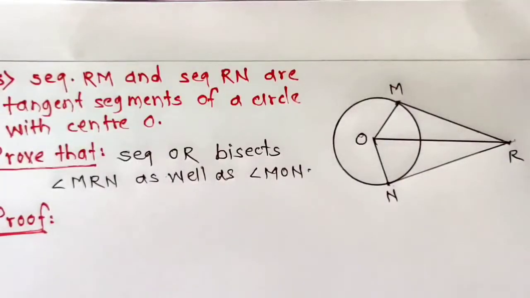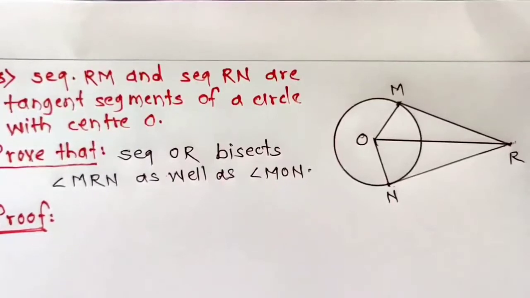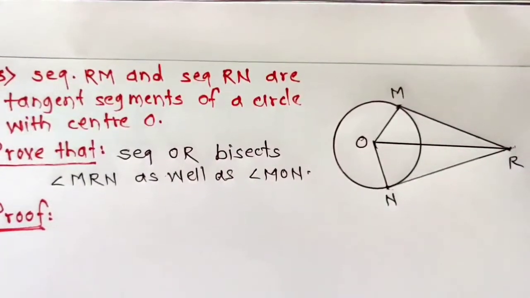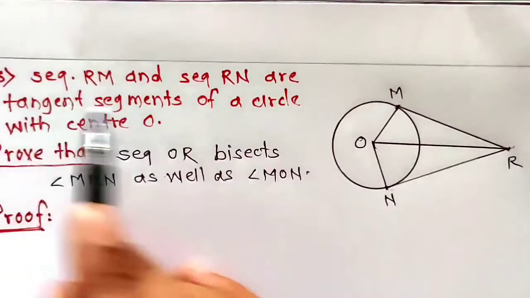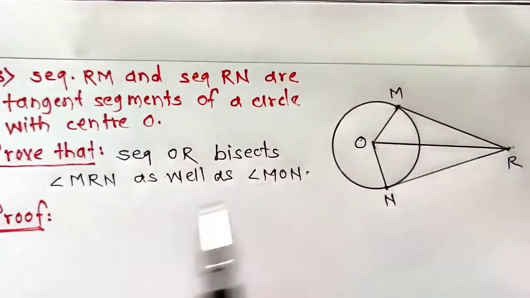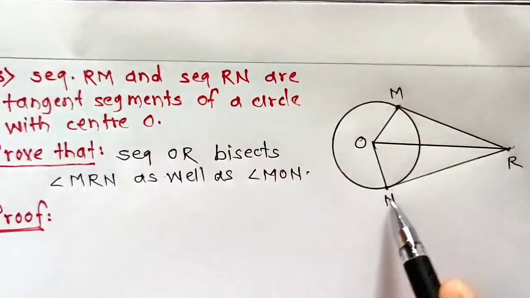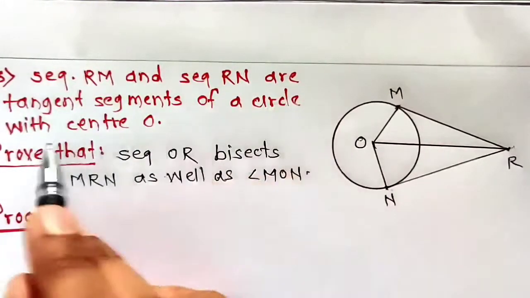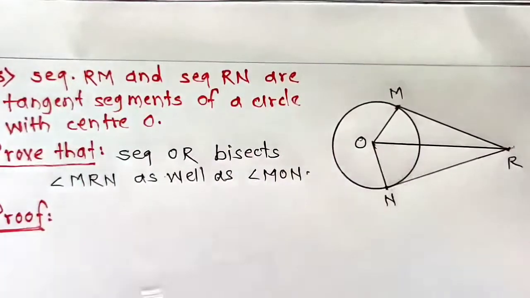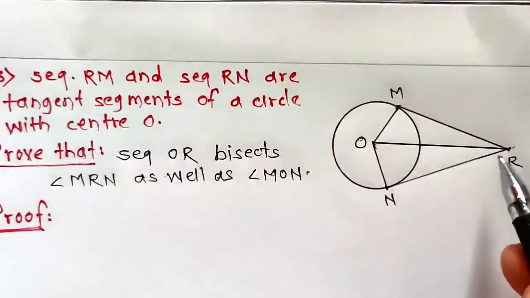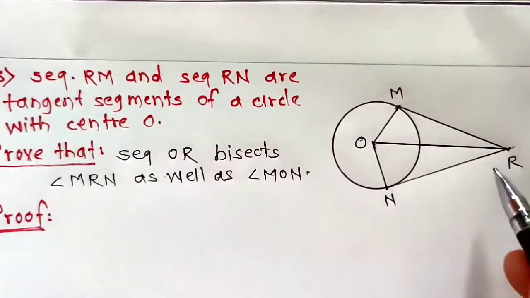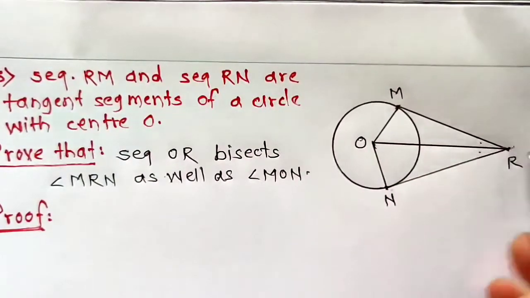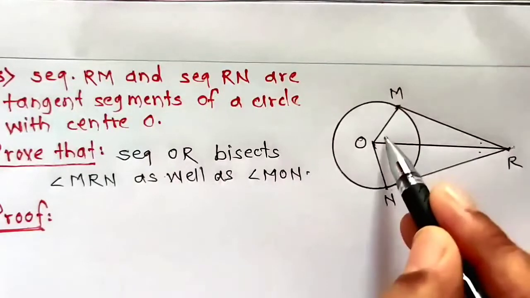Now let us see the third sum. It is similar to the second one. Here segment RM and segment RN are the tangent segments of a circle with center O. Then prove that segment OR bisects angle MRN, as well as bisects angle MON.